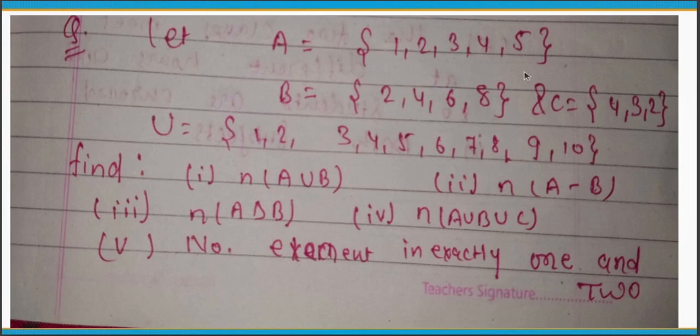Now similarly A intersection C, the number of common elements in 2 and 4 and 3 is 3. Now minus 3, 10 minus 3 equals 7.